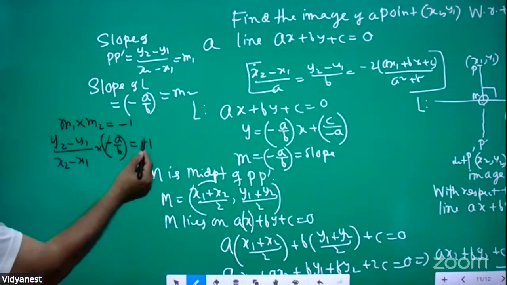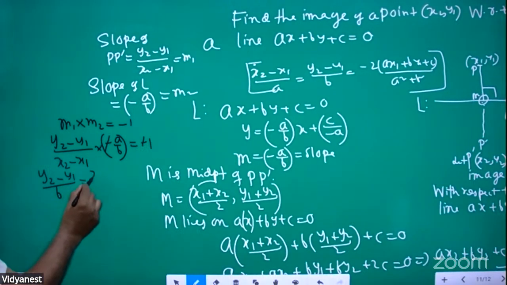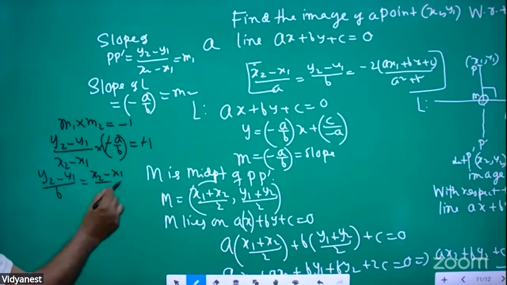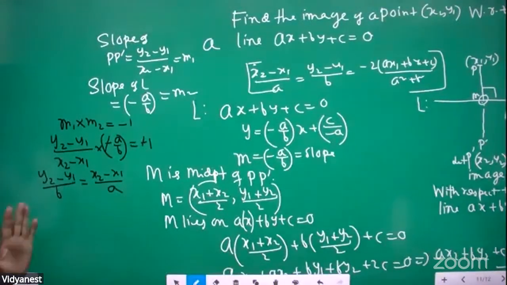Minus will cancel from both sides and you will get y2 minus y1 by b is equal to x2 minus x1 by a. Now again you will have to use the ratio proportions property which has already been discussed.